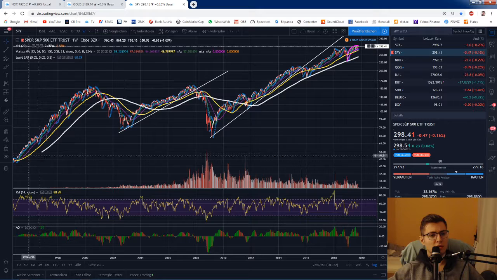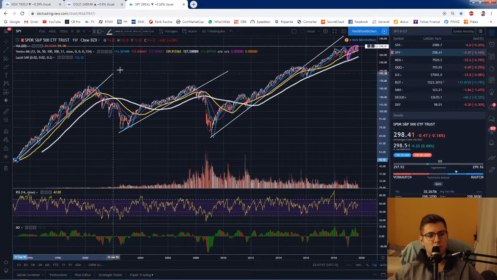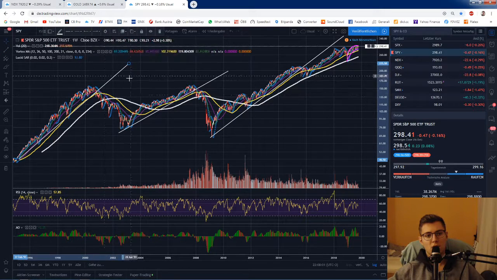Also, you can draw a very important trend line here, which after breaking, we almost immediately saw a very drastic shift to the downside. And yes, these both have been crashes, the dot-com bubble and the 2008 bank crash.